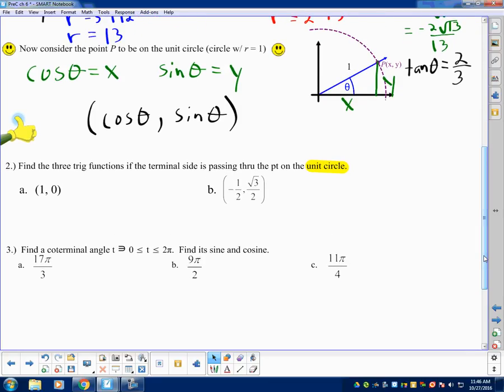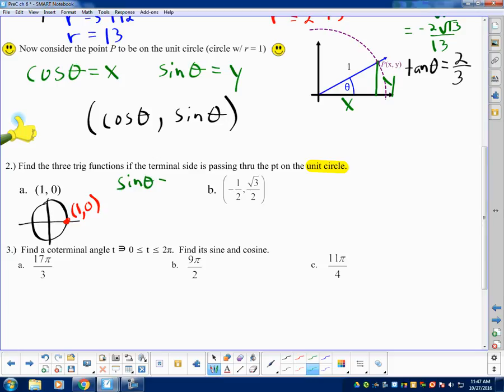So when it says find the 3 trig functions if the terminal side is passing through the point on the unit circle, I highlighted unit circle because that means now we can apply this idea. In other words, cosine theta is equal to whatever the x-coordinate is. So here's my unit circle. If I am right here at 1, 0, let's do sine theta first.